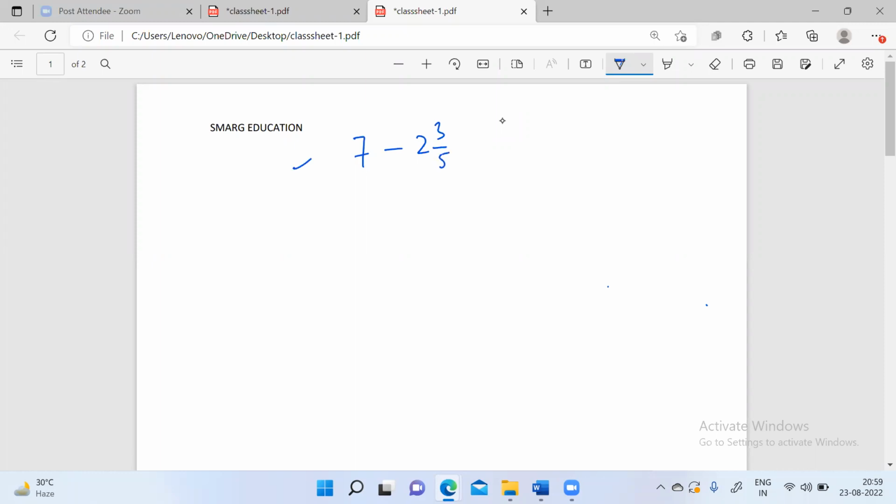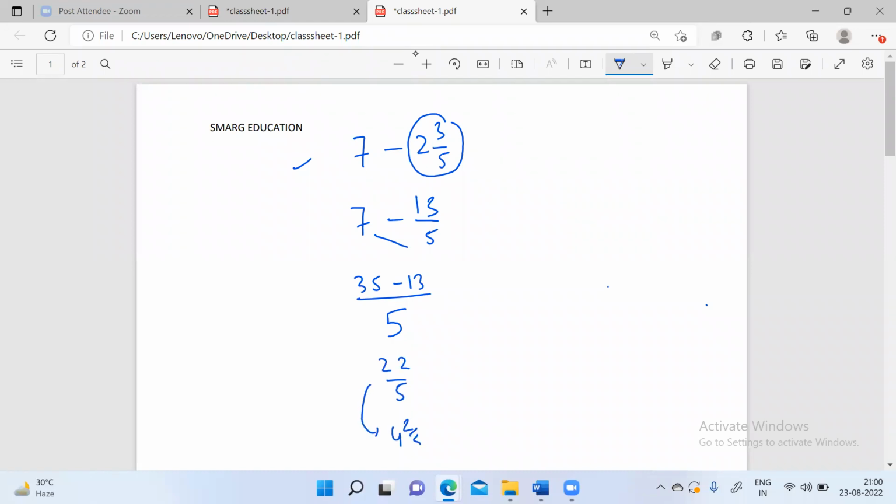In general, we have a habit to convert this into a proper fraction, which is 5 into 2, 10, 10 plus 3, 13 by 5. And then you make a complete LCM. You multiply 5 into 7, which is 35 minus 13, and then you write 22 by 5. And then you again convert into mixed fraction, which is 4 2 by 5.